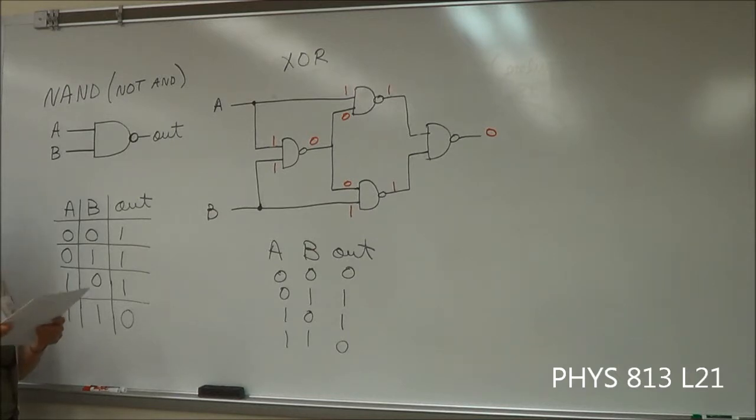But let's look on 177 part 4. It says combinations of logic gates. So what I'm going to do, since we're not using the NAND exclusively, I am going to erase everything.